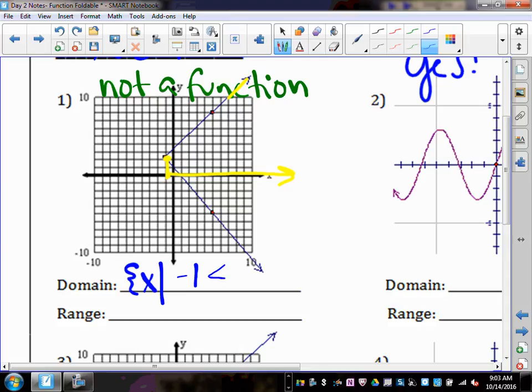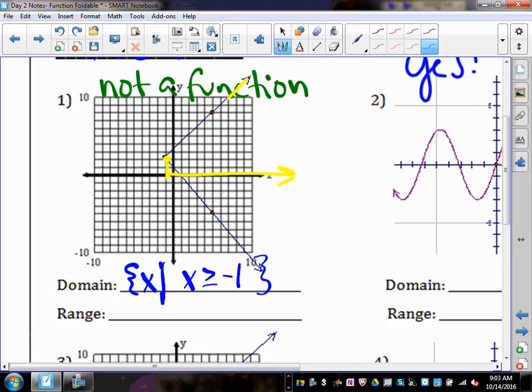So x is everything bigger than or equal to -1. You could have also written it like this: -1 is less than or equal to x. Same thing either way. So we start at -1 and it's everything bigger than that. So we use our open mouth towards the ends.